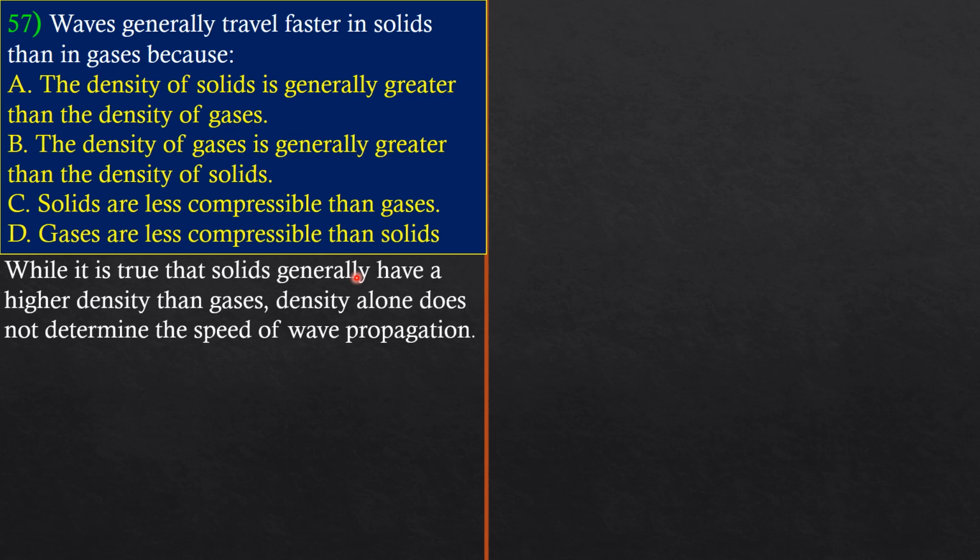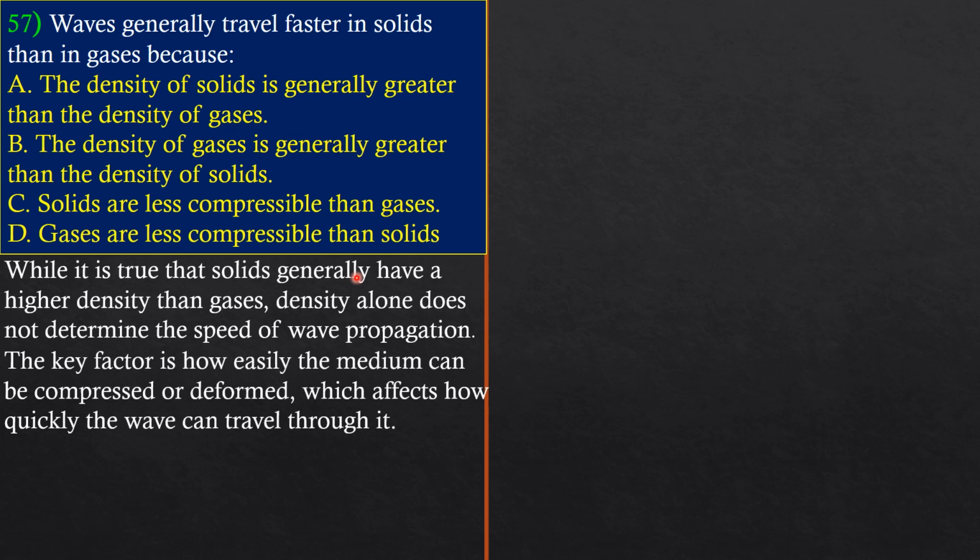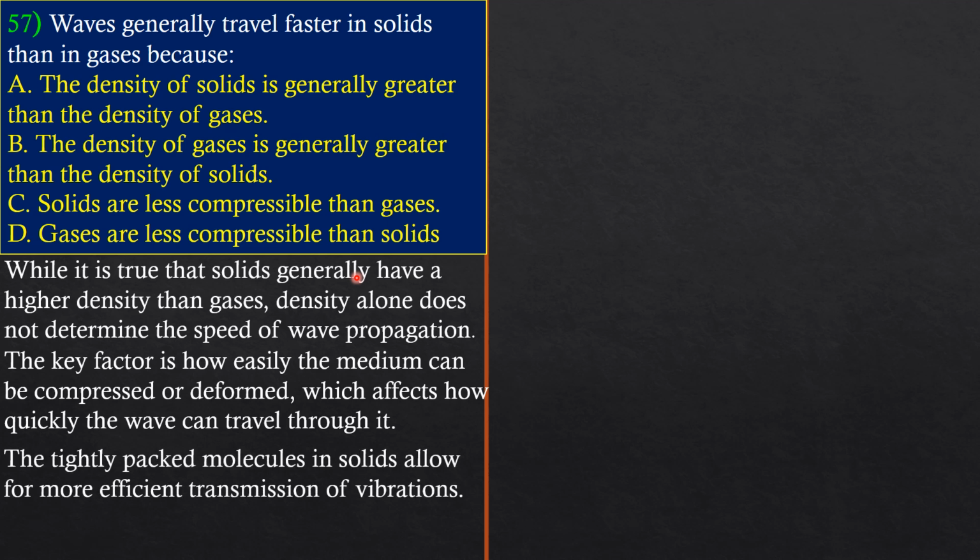Like I said, the density has no role to play in this case. The key factor is how easily the medium can be compressed. So I think the best option here has to be option C, that solids are less compressible than gases.